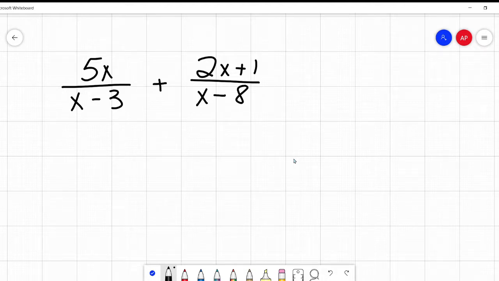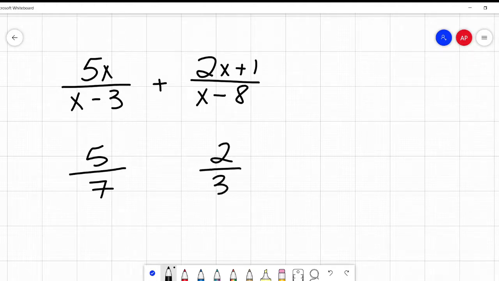So think about, this is very similar to, let's say, if I had 5/7 plus 2/3. And these are totally different denominators, and there's nothing really in common between them. If you were trying to add these together, what are you going to end up doing?